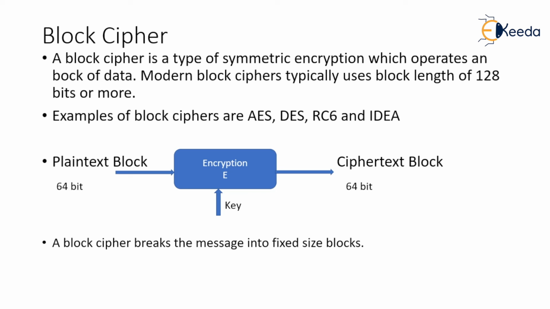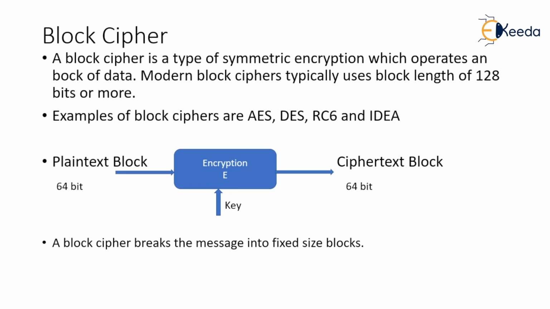The different examples of the block cipher algorithms are AES, Advanced Encryption Standard. DES is there, double DES is there, triple DES is there, RC5 algorithm is there, IDEA algorithm is there.